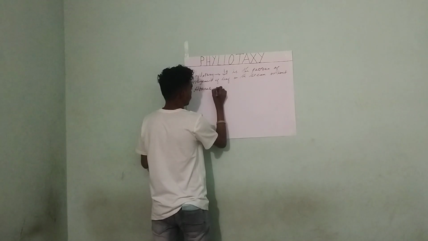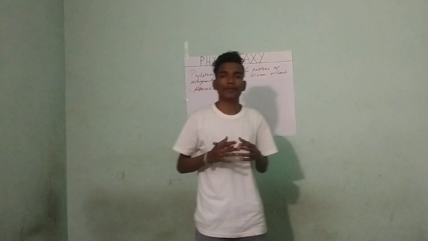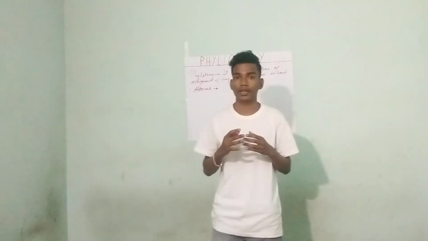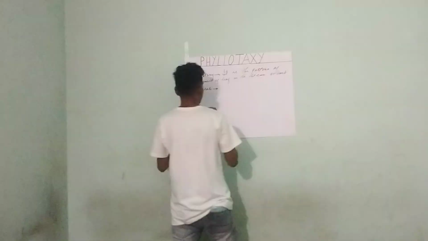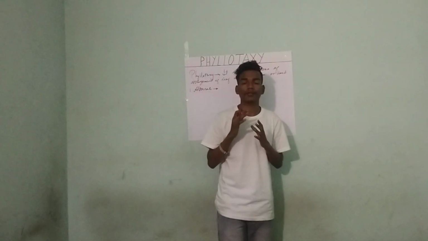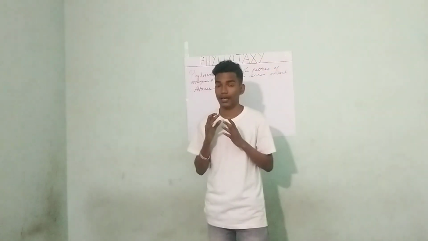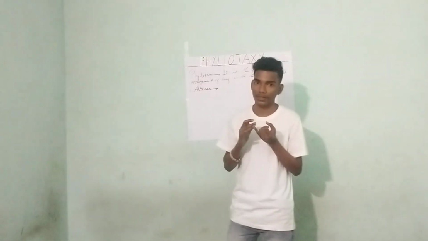In alternate type of phyllotaxy, a single leaf arises at each node and lies in alternate manner. Alternate means one after the other.